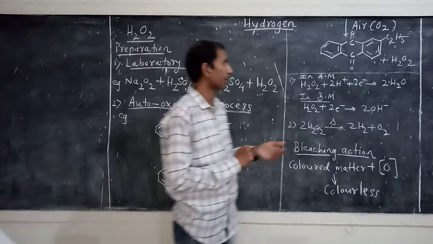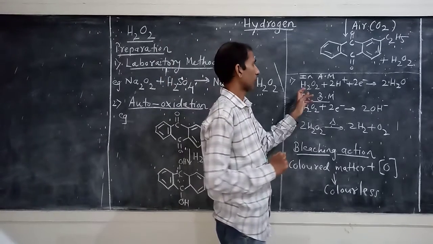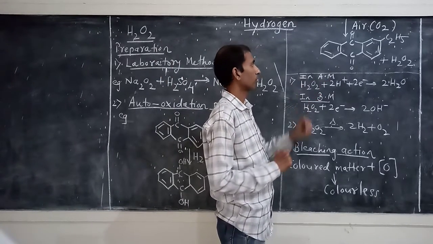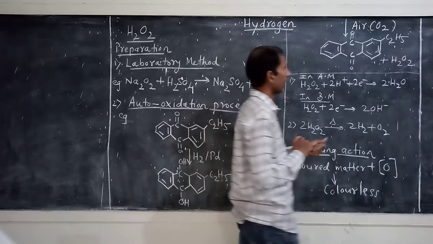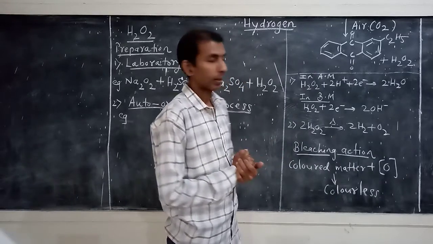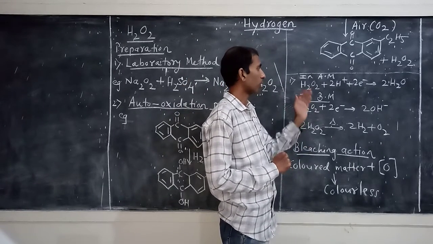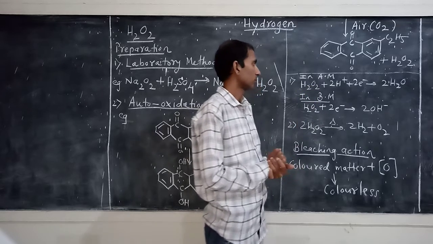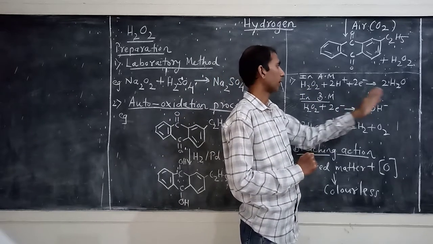So in the acidic medium, as we know, H plus ions are available. So H2O2 with excess of H plus ions will accept 2 electrons and water is produced. In basic medium, hydrogen peroxide will accept only 2 electrons, producing 2 OH minus ions.